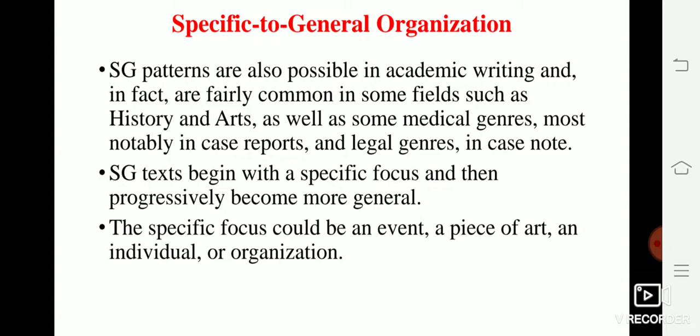SG text begins with a specific focus and then progressively becomes more general. It's the opposite of GS, general to specific, where you start with general and move to more specific. But for SG, you start with a specific focus and then move broadly to the general points related to the topic.